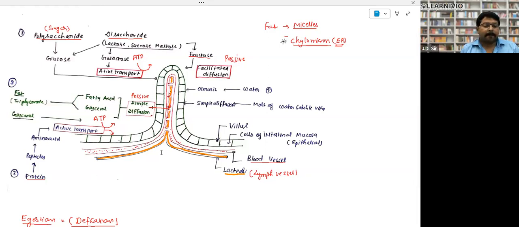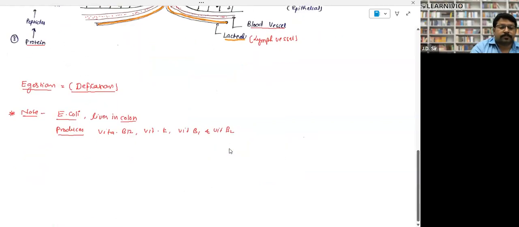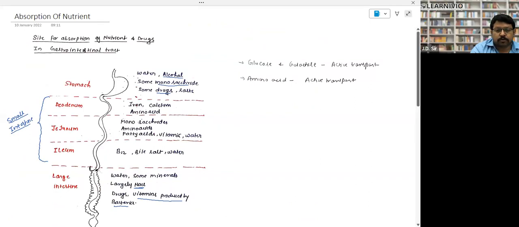One last point. About 90% of all water is absorbed by the small intestine through osmosis.